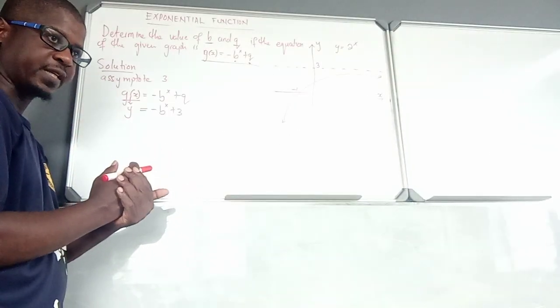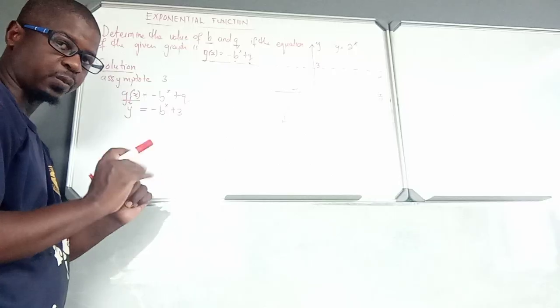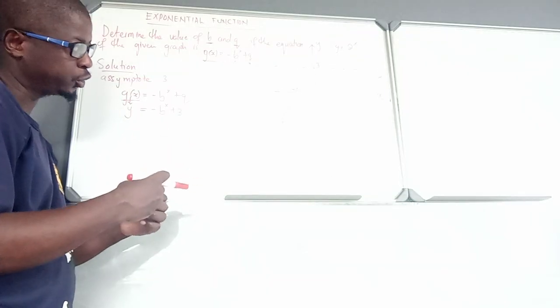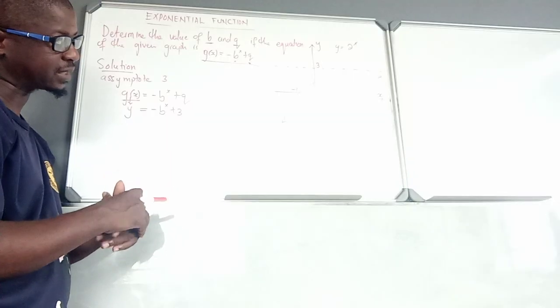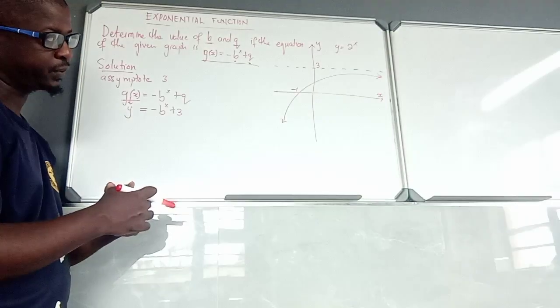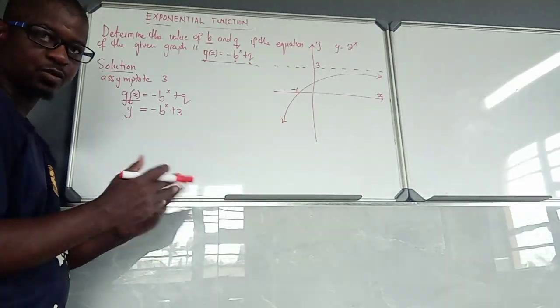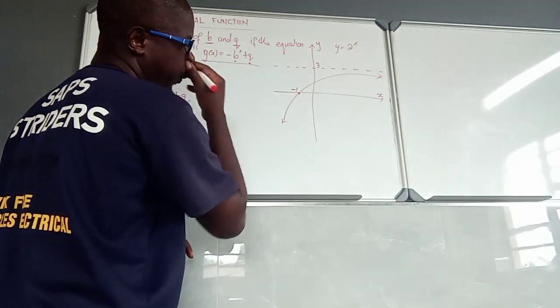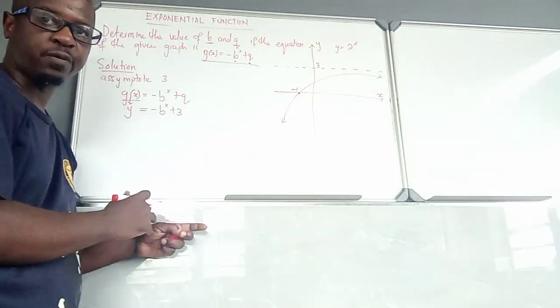First things first, we look at the asymptote. We're done with that, and then we look at the point. Do we have any point that is given on this graph, where this graph cuts the axis? Yes, we do have a point here. This point here, we need to find the coordinates of this point.